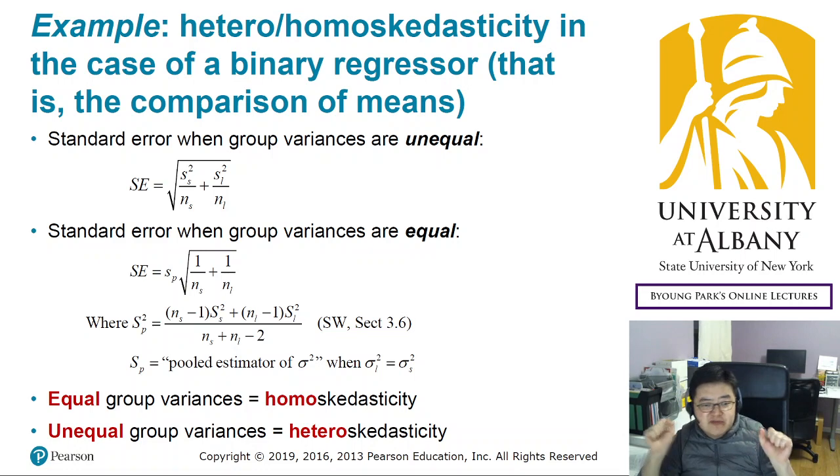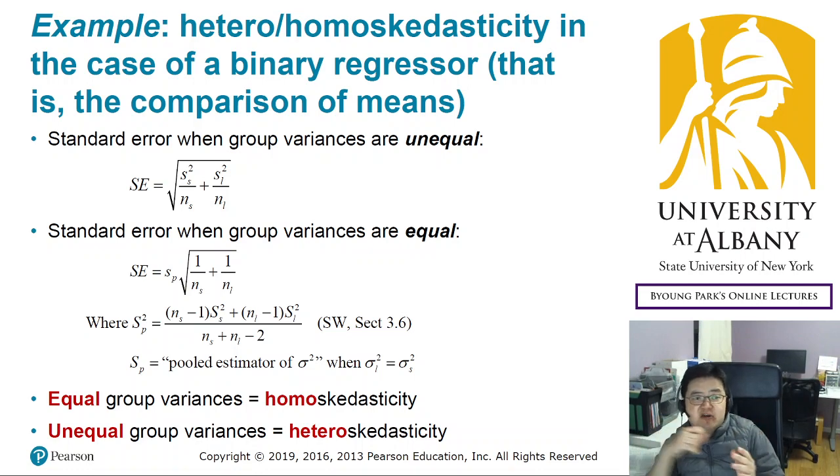What we want to calculate is the difference in test scores between these two groups. And after estimating the difference, we need to calculate the estimator's standard error, which measures the accuracy of your estimation.